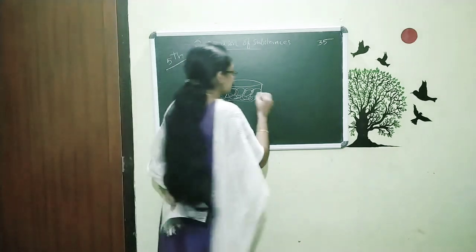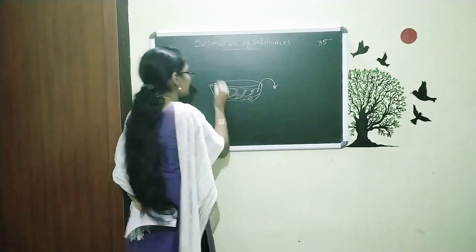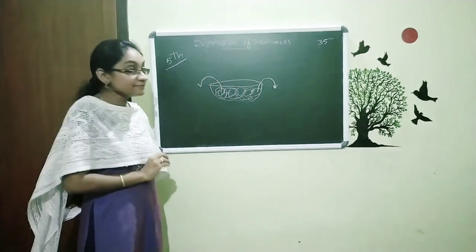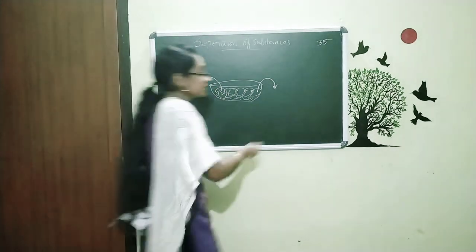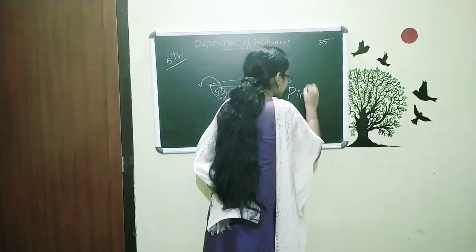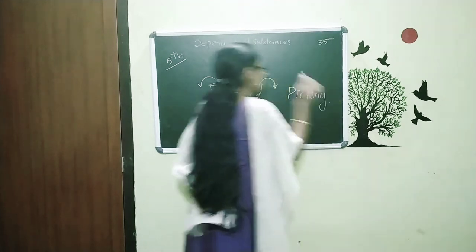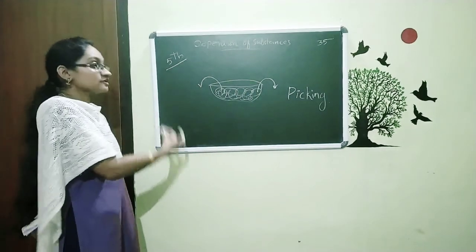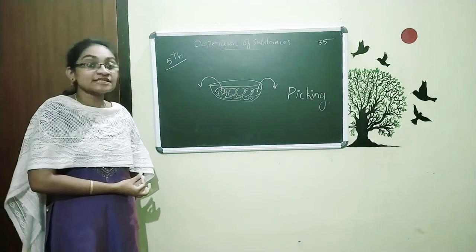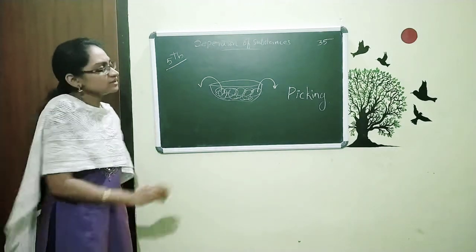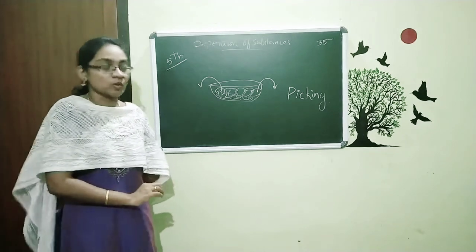You just take the mangoes out and the guavas out. That means you are just picking. Here the technique you are using is picking. In this case also, we are doing the separation of substances. Here what are they? Mango and guava.